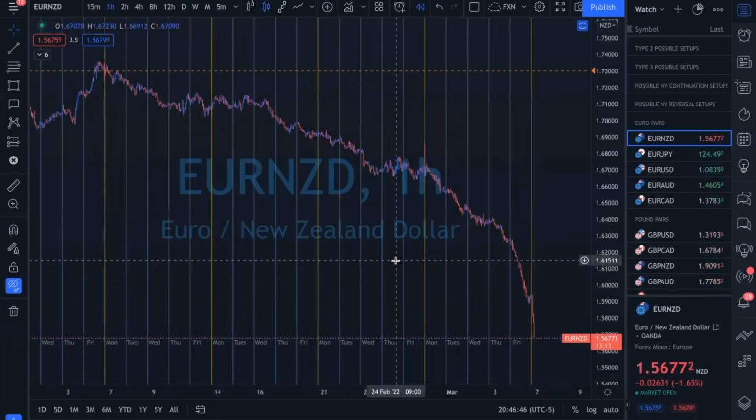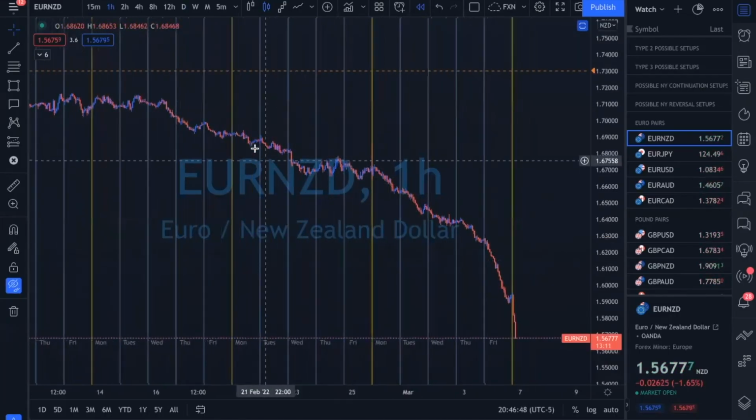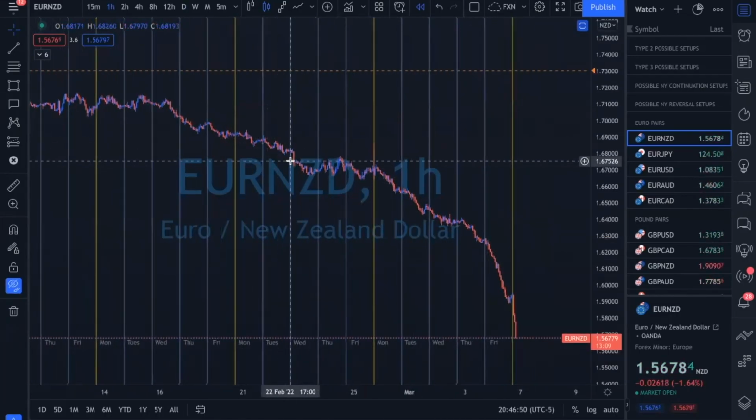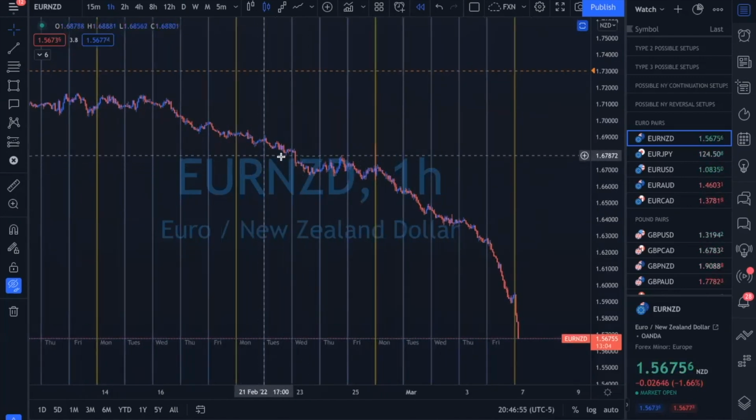Here you can see Sunday, Monday, Tuesday. You see how Wednesday continues to go down and breaks Tuesday's low. I think to identify a trending cycle, if prices go lower on Tuesday, or prices go higher on Wednesday, that should be a good indication that you're going to be in a trending cycle for that specific week.